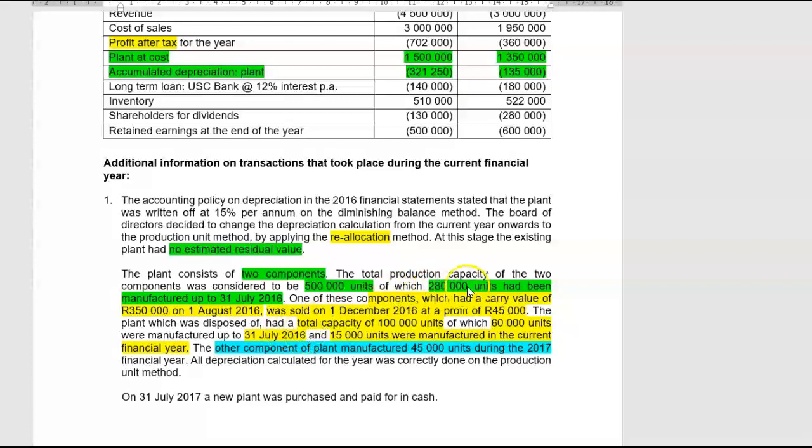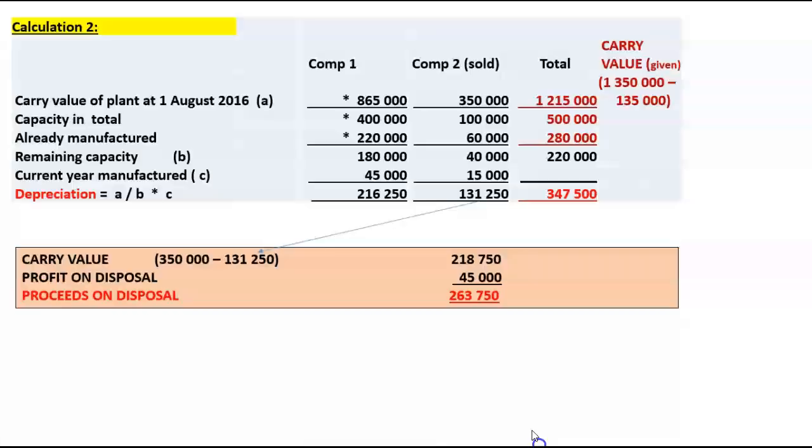So 280,000 had been manufactured up to 31 July in total. And the one which was sold had 60,000 units manufactured up to the beginning of the year. So already manufactured 60,000. In total, it was 280,000. So therefore, the difference of 220,000 belongs to component 1.